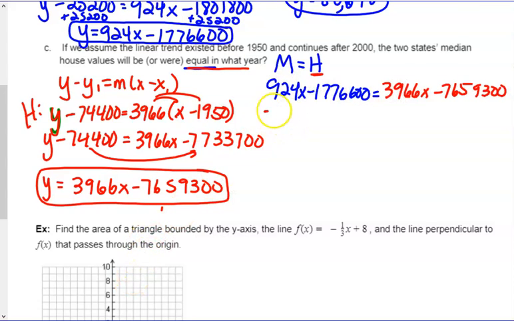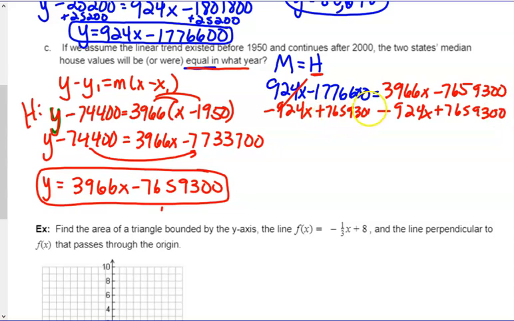I'm going to subtract the 924x just to make sure that this piece here is bigger. Right here, when I subtract that, that's gone. So that would mean I would have to add this number over on this side. And so then, what do we get? Well, first off, this is going to go away.